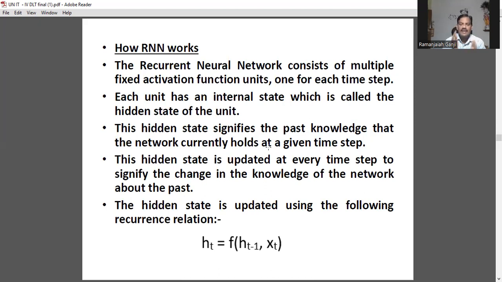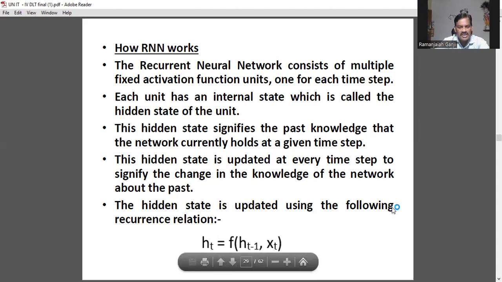I told you every state contains information related to the past knowledge that the network currently holds at a given time step. This hidden state is updated every time step to signify the change in the knowledge of the network about the past. Here, the hidden state is updated using the following recurrent relation.